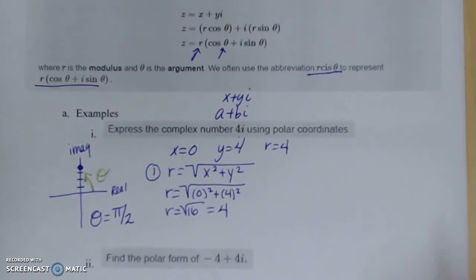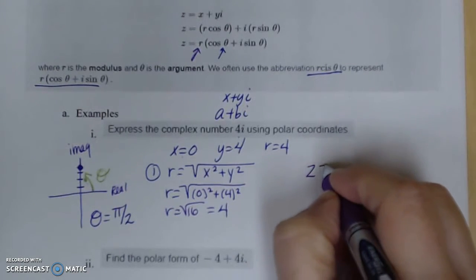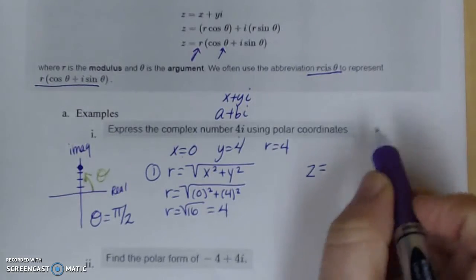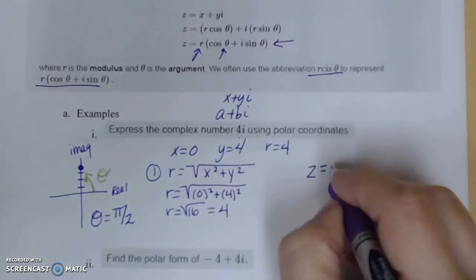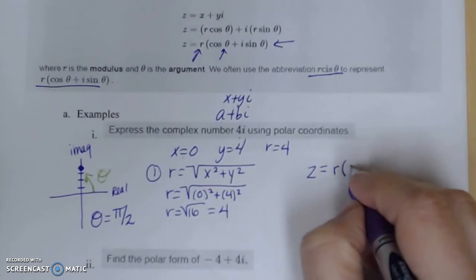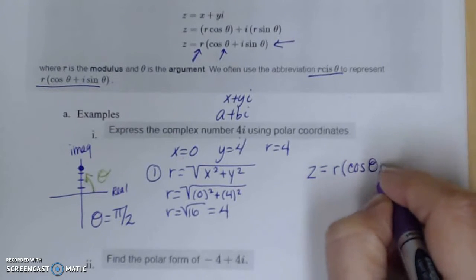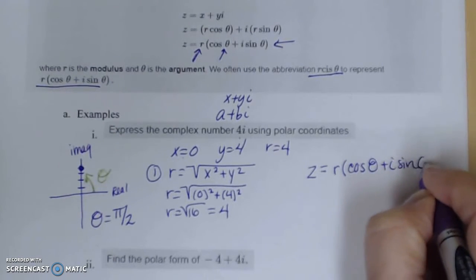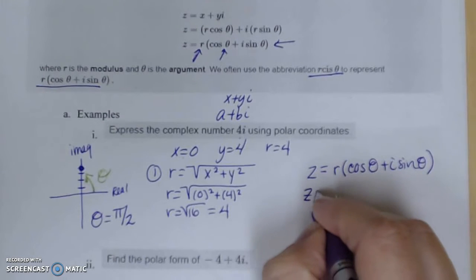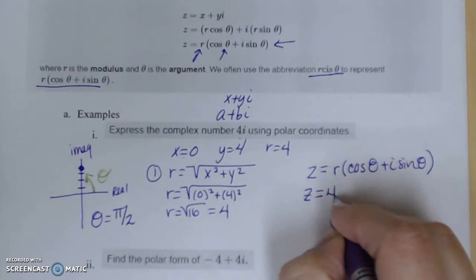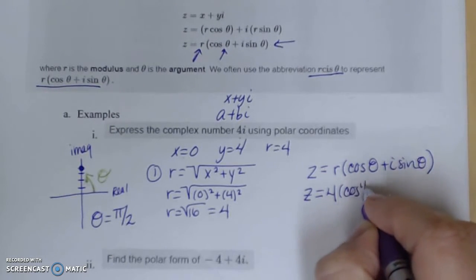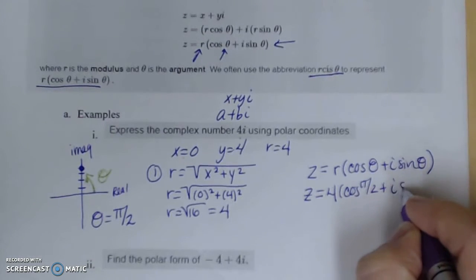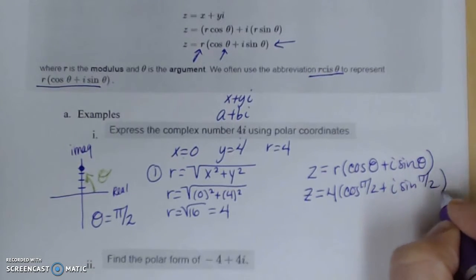So I'm going to say z equals, and I'm going to use this form right here. That would be r times cosine theta plus i sine theta. So it gives me z equal to r, which is 4, times cosine of pi over 2 plus i sine of pi over 2.